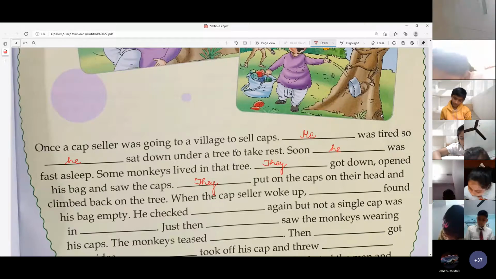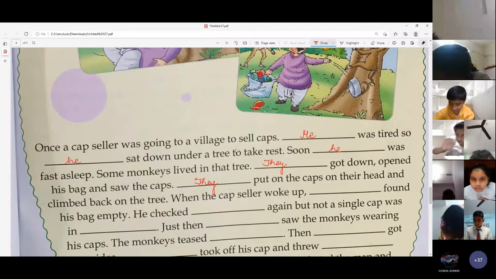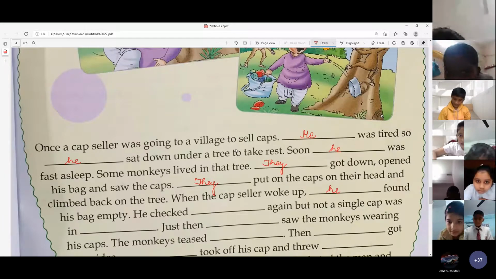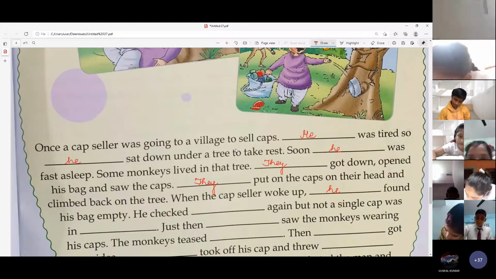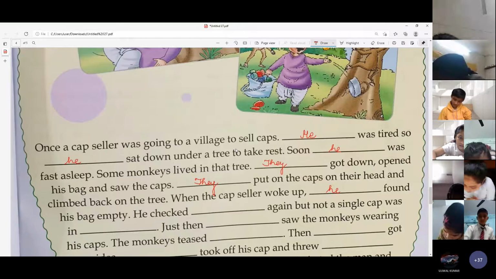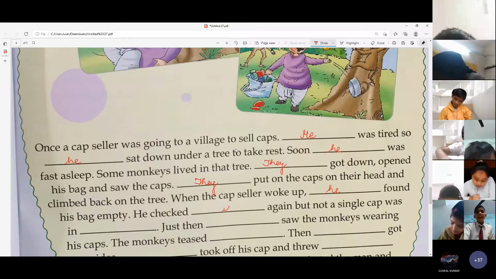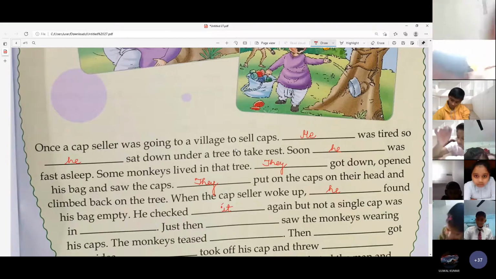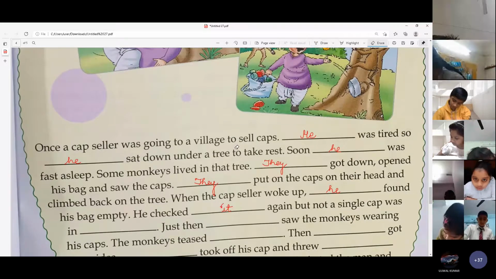When the cap seller woke up, he found his bag empty. He checked it again.